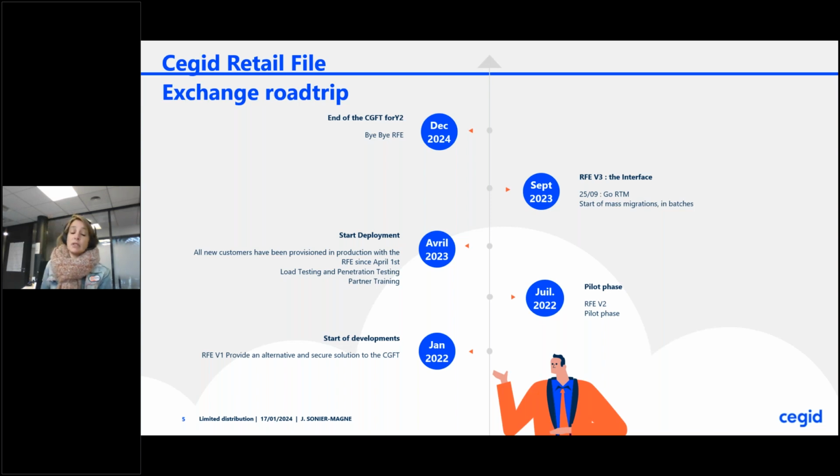It's an important goal, and Cegid wants you to be sure that Cegid will do the max to help you migrate to RFE. That's why I present you this product now, to give you more information.